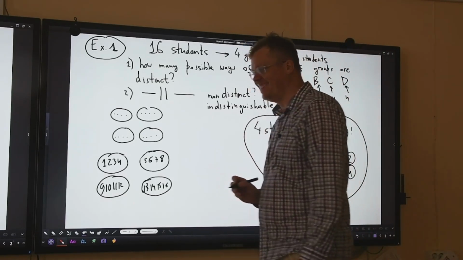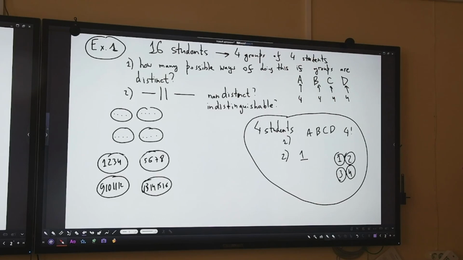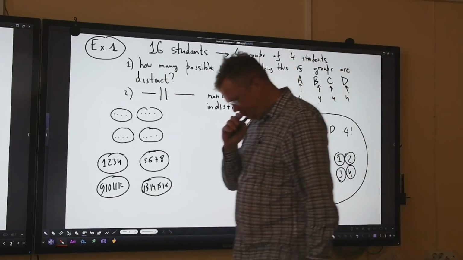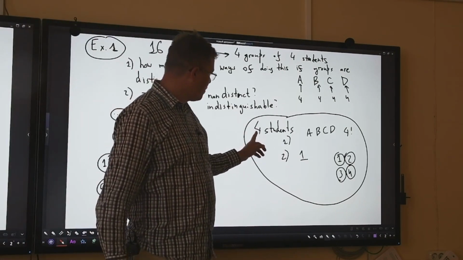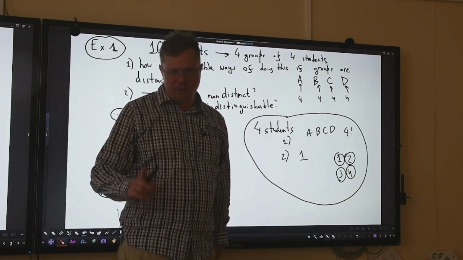The first one is also incorrect. Of course, because if you have 4 students, then we'll have 4 factorial, and your answer is not 4 factorial.